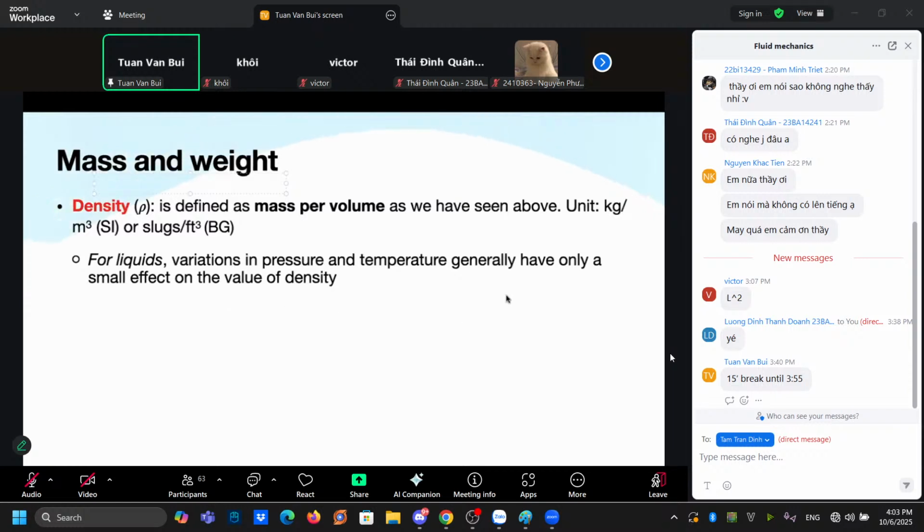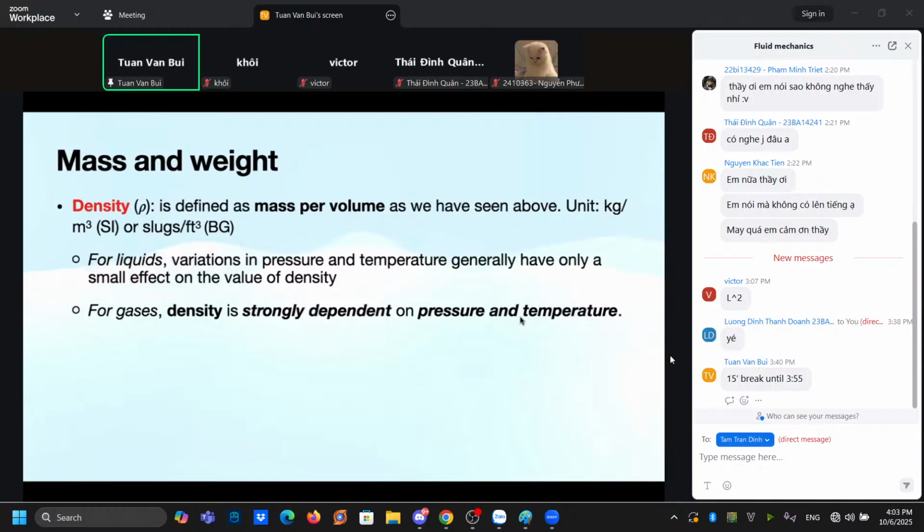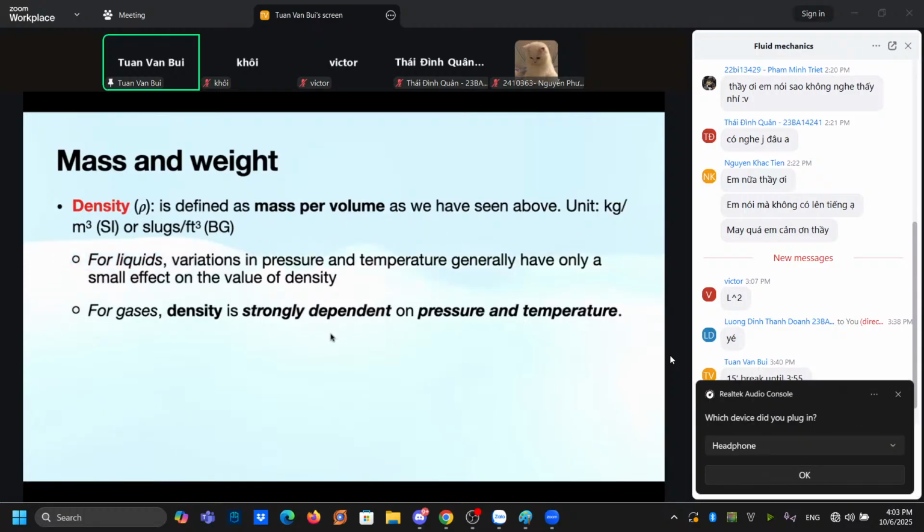So for liquid, the variation in pressure and temperature generally has only a small effect on the value of density. But for gas, density is strongly dependent on pressure and temperature.